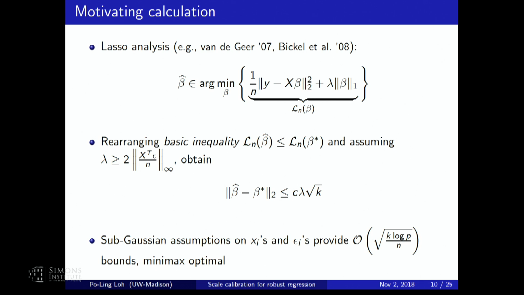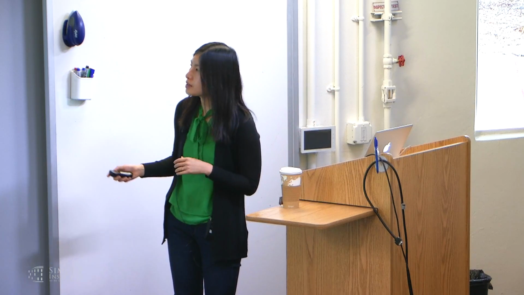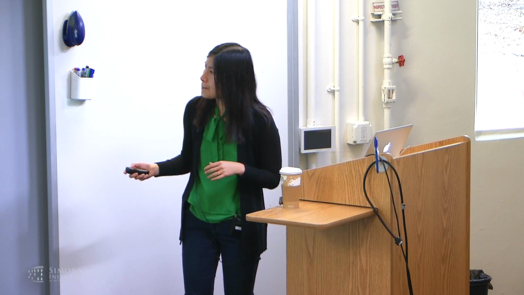There's something else in between where you need to look at the curvature of your loss function. And of course, now this is where we need to be a little bit more careful. So with things like Tukey loss, we need to worry about actually having this curvature. That's where the epsilons can't be too spread out, because we need the curvature to play well with the variance of the epsilons. Okay.